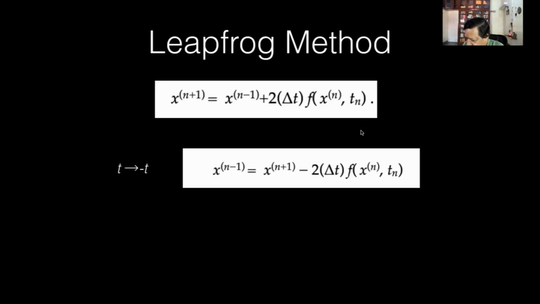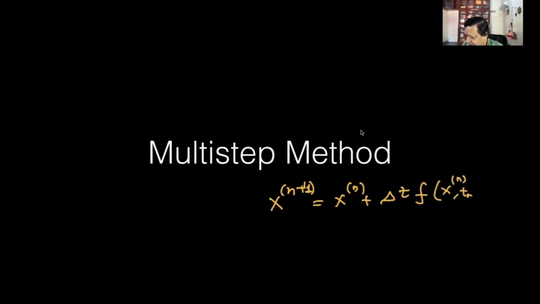Okay, so next is multi-step methods. So what is a multi-step method? If you go back to Euler's scheme, if you recall, we went to x_{n+1} given x_n, computing f at x_n.